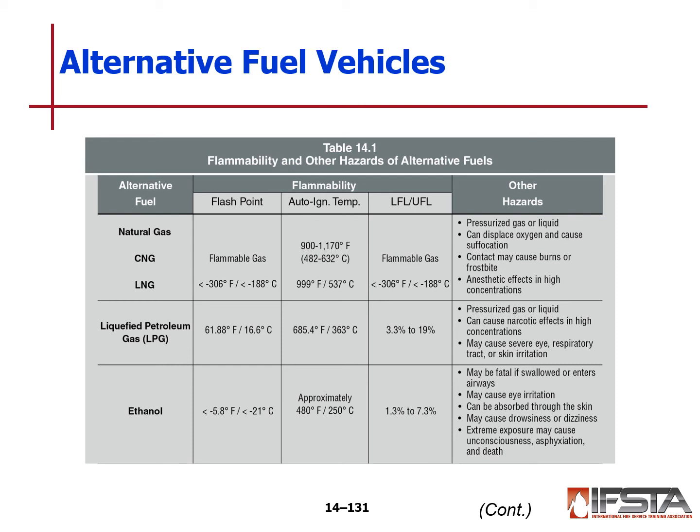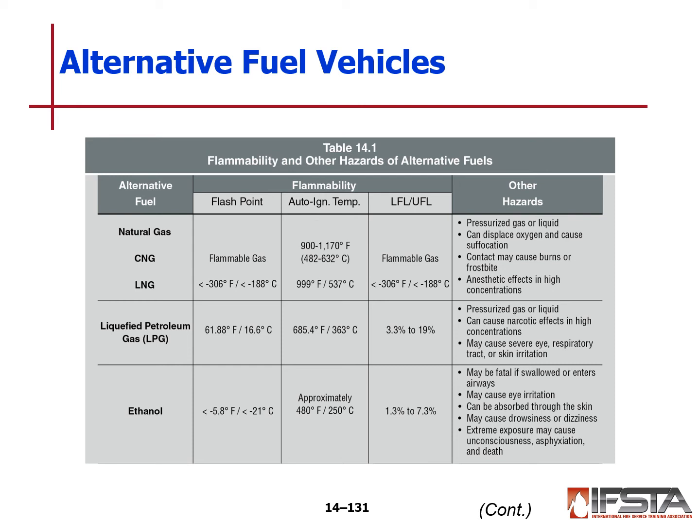Again, alternative fuel vehicles can use LPG, liquefied petroleum gas. They could be CNG or LNG, or natural gases, and we've talked about those a little bit. And then ethanol. With the gasoline used today, you're already at potentially 10% ethanol, but there are vehicles that run solely on ethanol.